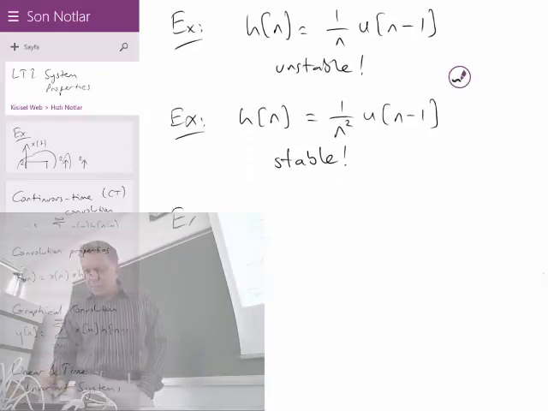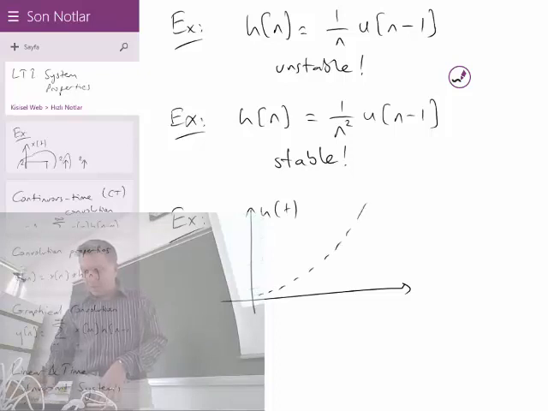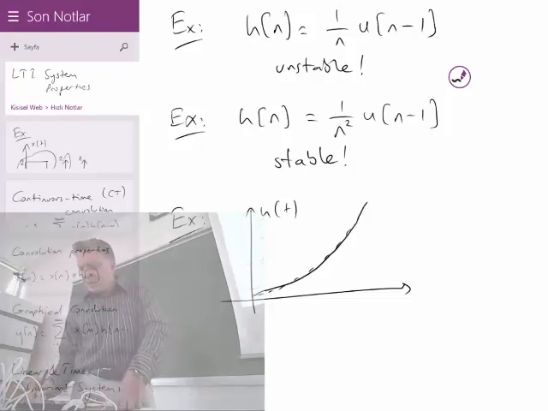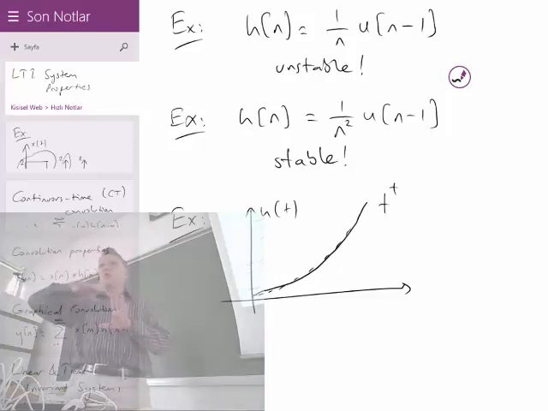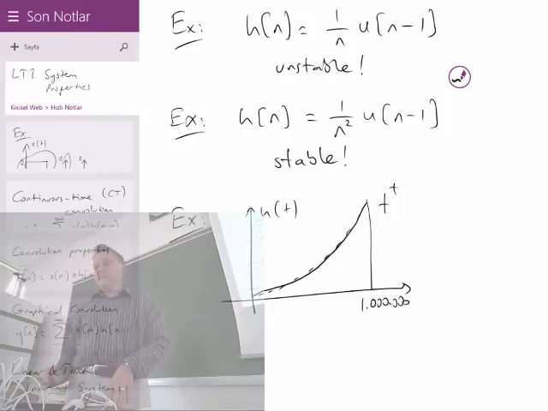All right. Let me ask you a question like this. h of t is t to the power t, a very fast growing thing, up to 1 million seconds.